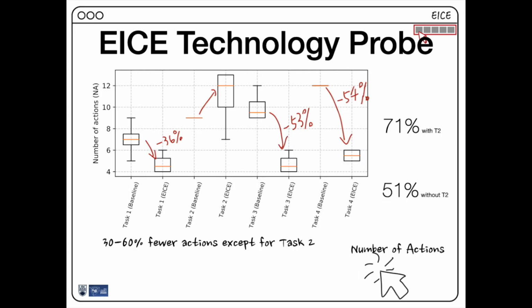Now let's take a look at the number of actions. Participants using EICE for Task 1, Task 3, and Task 4 performed better than with the traditional tools. Across all tasks, participants using EICE performed 71% as many actions. If we take out Task 2, EICE required only 51% as many actions to complete the tasks.